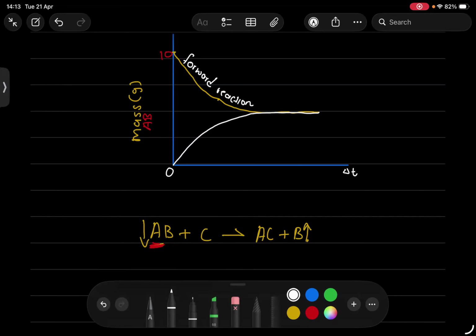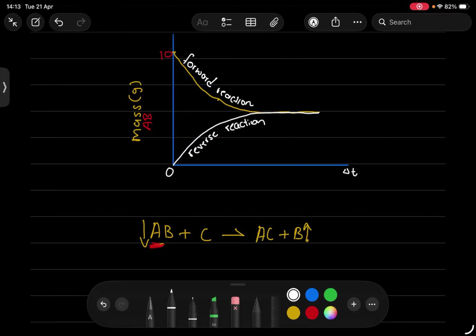And this is the reverse reaction, which shows you that as the reaction continues, the mass of the reactants goes down and the mass of the products goes up.